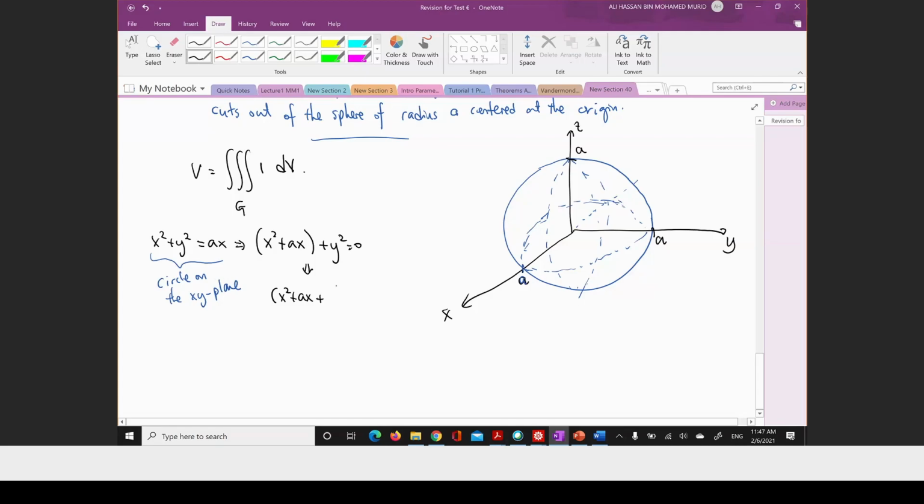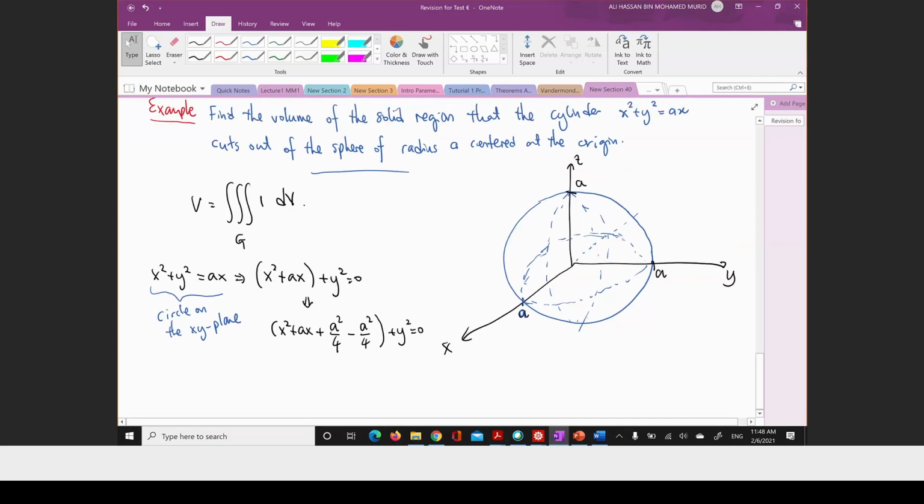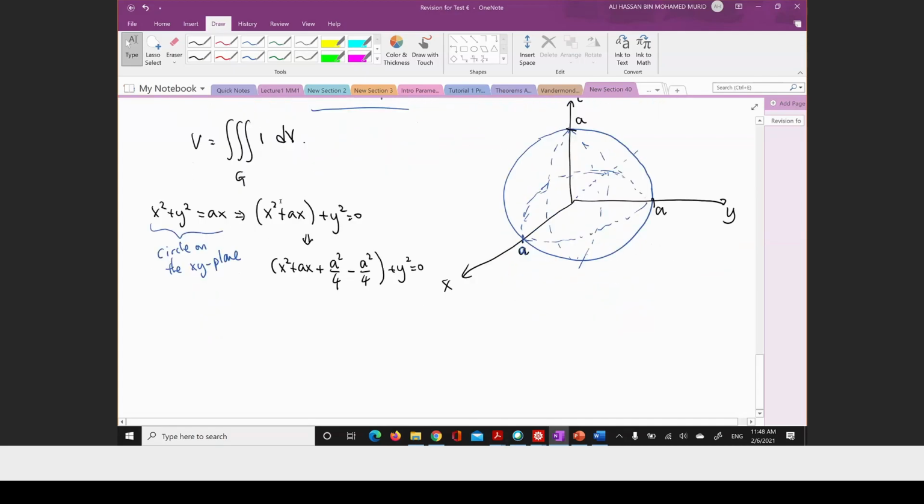So the result is a squared over 4. Is it negative ax? Oh yeah, you're right. Should be minus. Thank you. Minus ax, yeah.